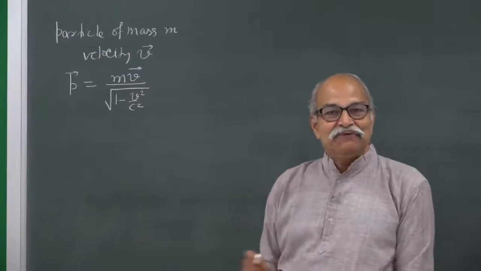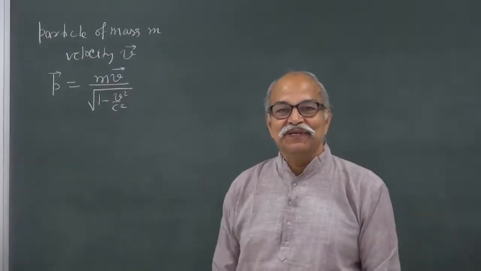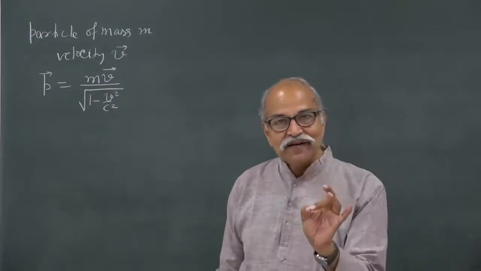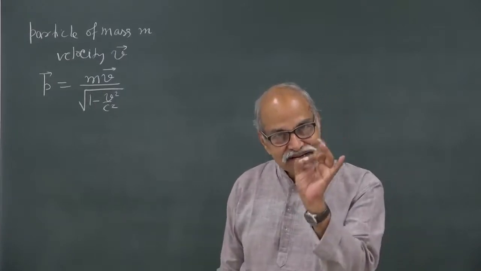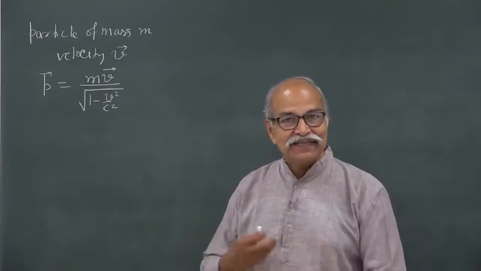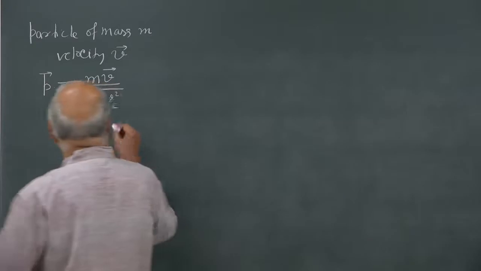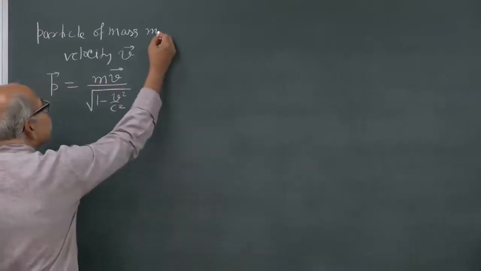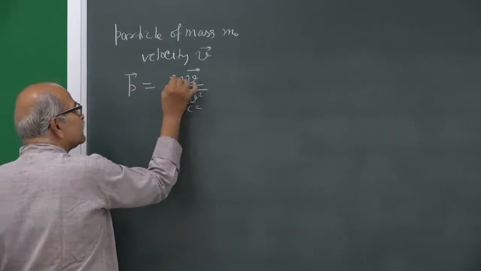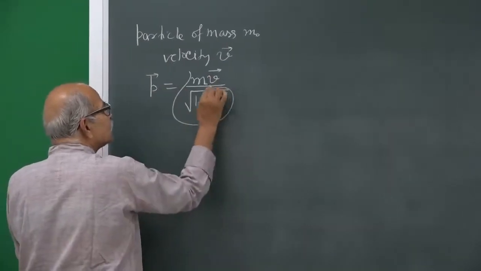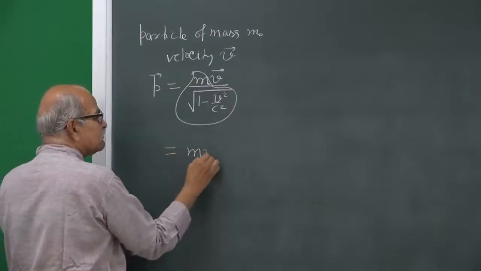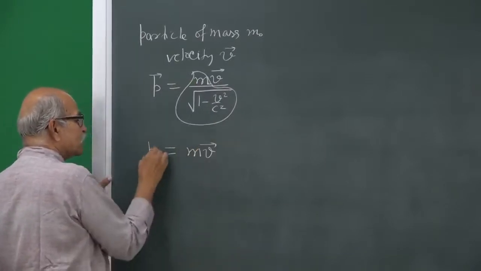But if you want to stick to p equal to mv, one way is that the mass of the particle, you give another symbol to it, and then construct a mathematical quantity which is this. So, let us change our symbol, mass of the particle, let us write it as m naught, and then this whole quantity, we name it m, and then we say that p equal to mv.